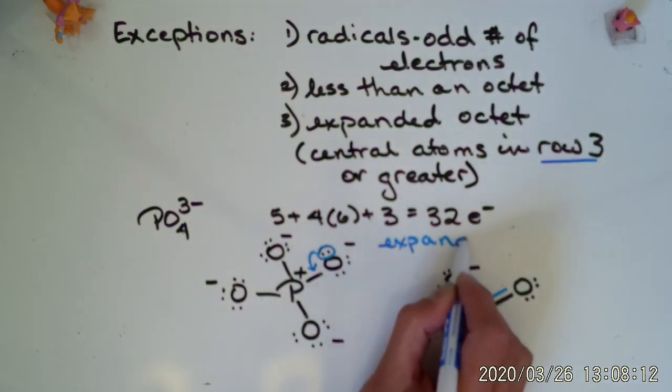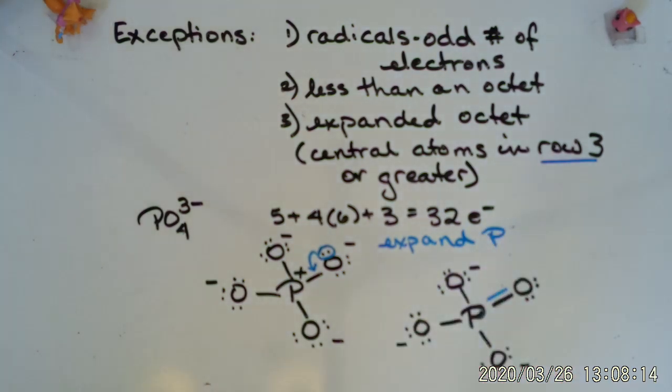All right, so now that we know this, we can draw a set of resonance forms for this, and we can draw this in the correct geometry. So let me go ahead and erase this, and we'll focus on my phosphate ion.